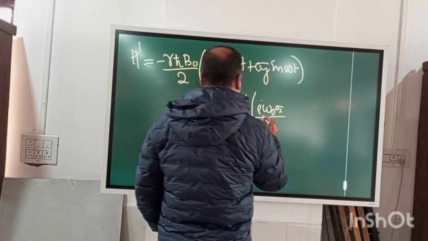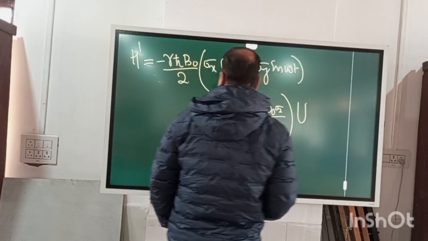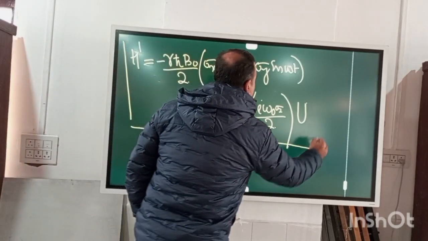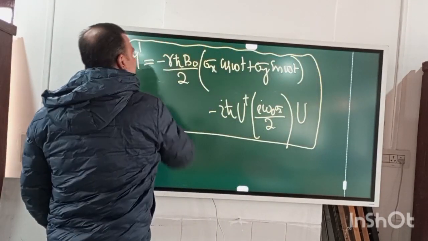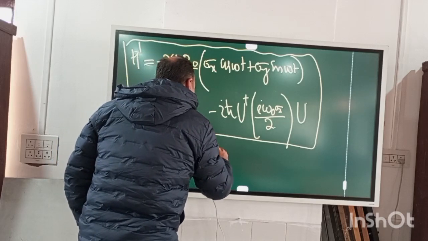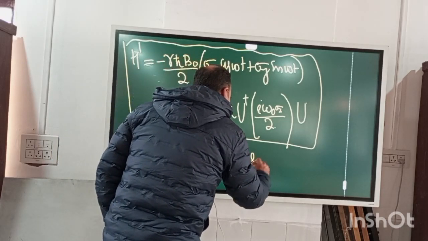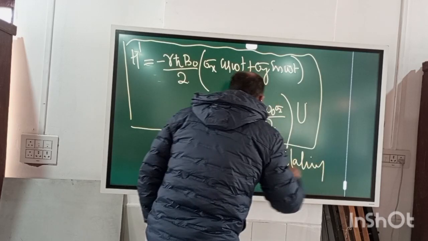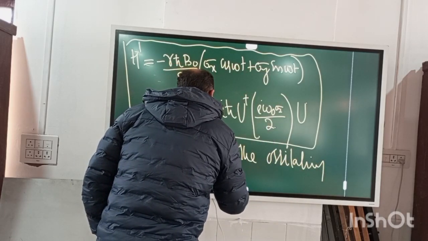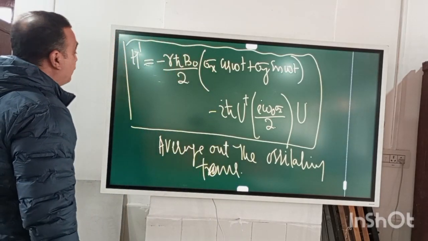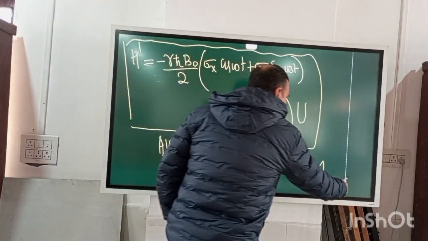So what we do here is we can average out the oscillating terms from the above equation. And when we average out, what we obtain is h dash.